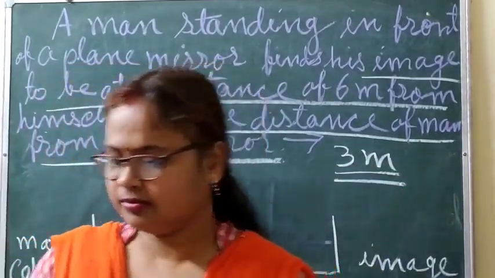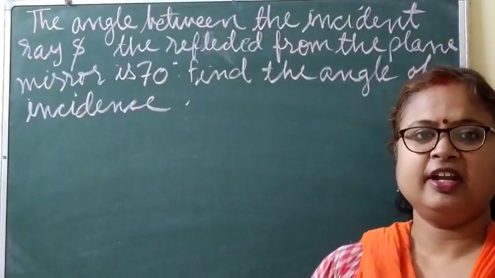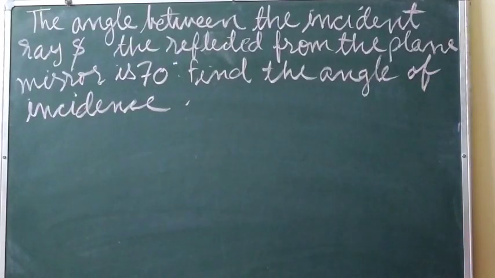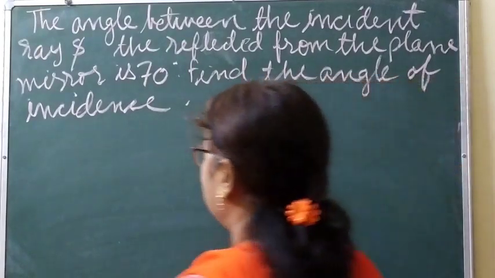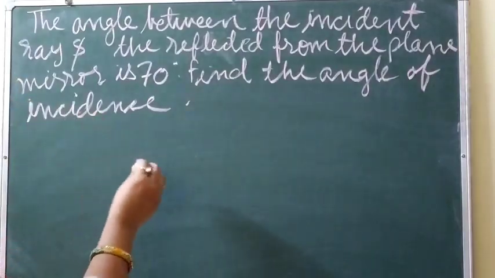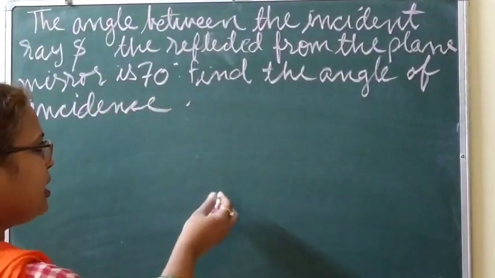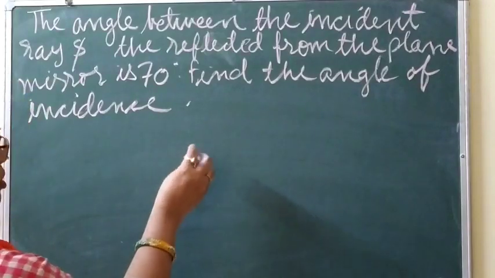I hope that's clear. Now the next question: the angle between the incident ray and the reflected ray from the plane mirror is 70 degrees. Find the angle of incidence. Whenever you get such a type of question, draw the diagram and solve it as I am solving it here.